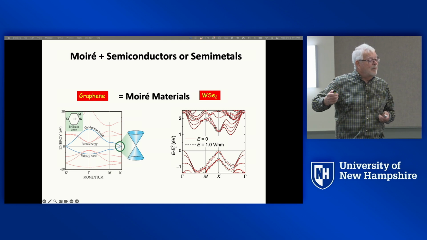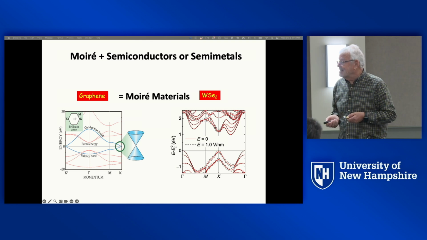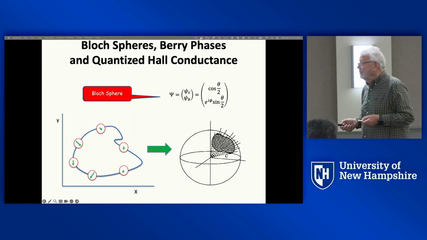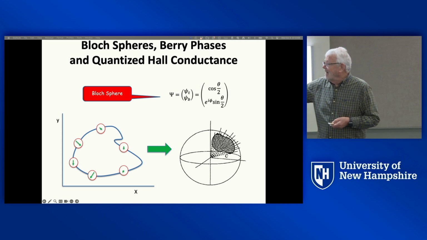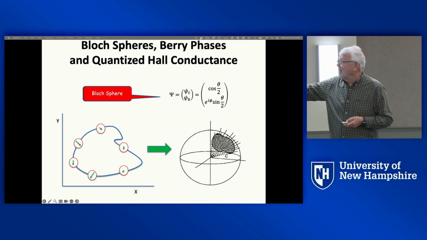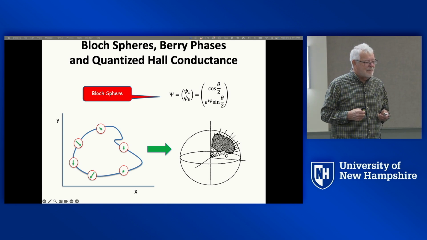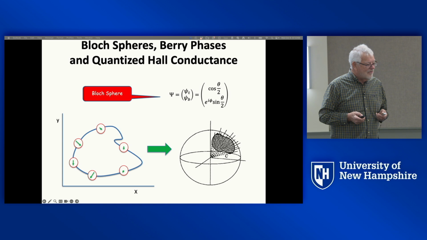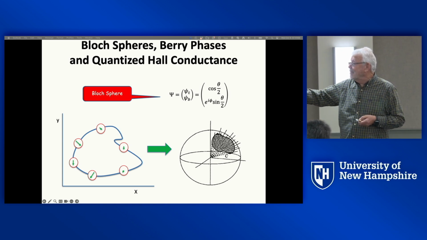And so when you make a Moiré pattern, you disturb the pattern of those states in momentum space. And because you have these 2 nearly degenerate states, the Bloch state will end up depending a lot on momentum. And that 2-level system is the simplest example system for talking about Berry phases. And we know that a 2-level system state can be mapped to a direction on a Bloch sphere.